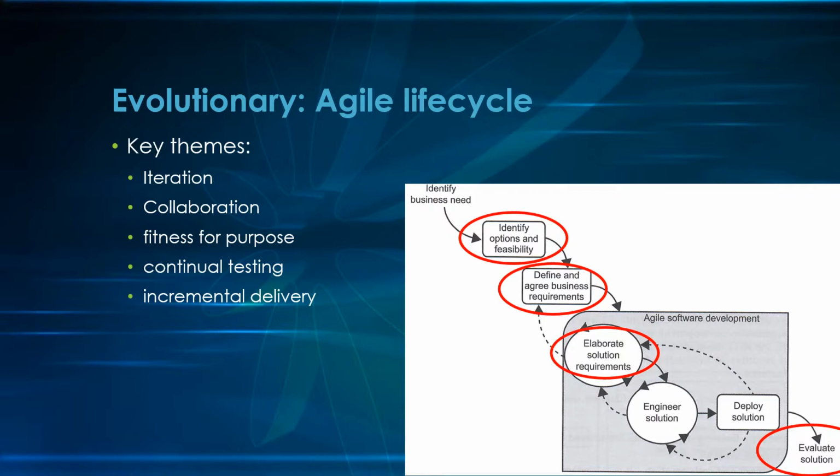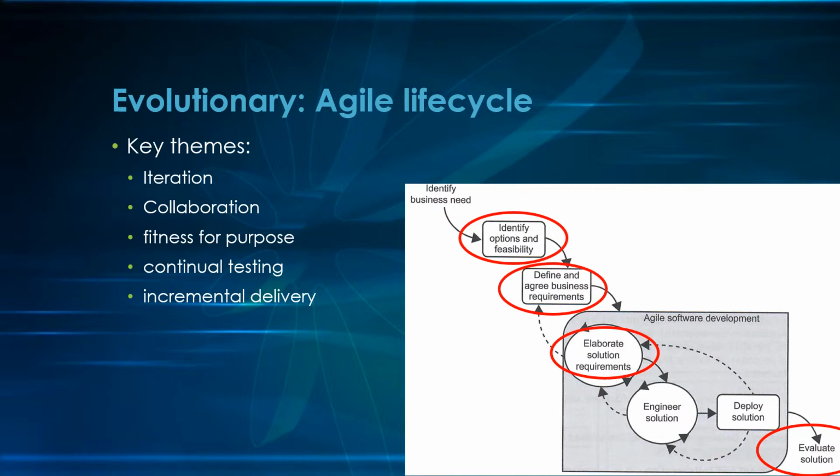Fitness for purpose, so it's more important to align to business need than some requirements list. Continual testing, especially automated, to ensure elimination of bugs as early as possible. And incremental delivery, so showcases to stakeholders of the current build to ensure suitability would happen at every iteration.